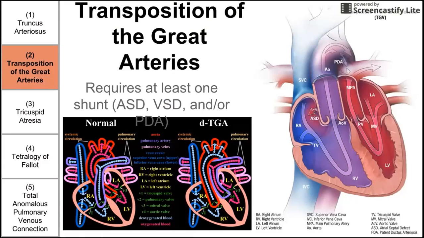This could be an atrial septal defect, a ventricular septal defect, or a PDA, a patent ductus arteriosus, which is a connection between the aorta and the pulmonary artery. So they need some kind of connection between left and right heart to allow for mixing of the blood, to allow for them to survive. In that image on the right there, we see an atrial septal defect. That's allowing for the mixing of the blood, turning it purple to pump through the systemic circulation, allowing for the patient to survive.